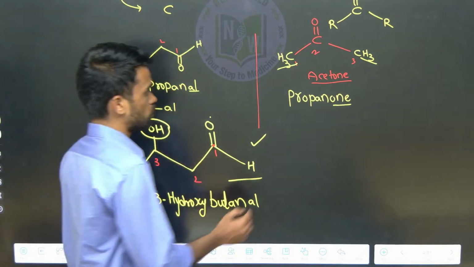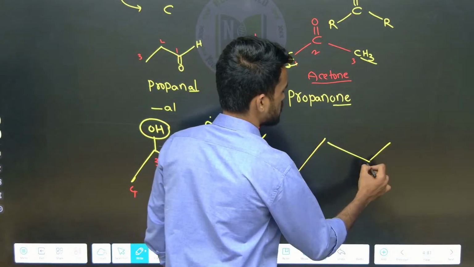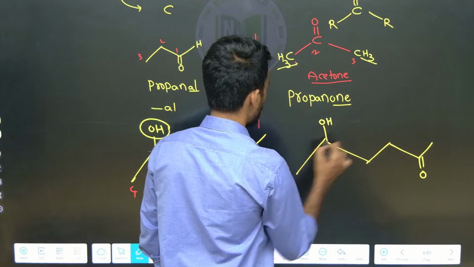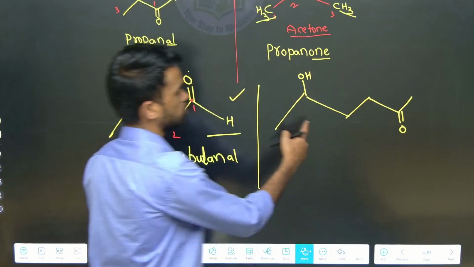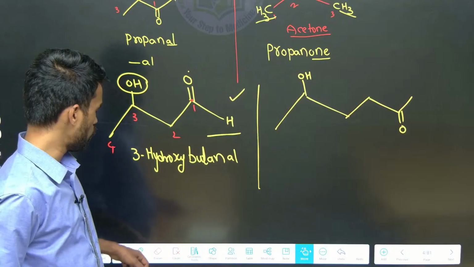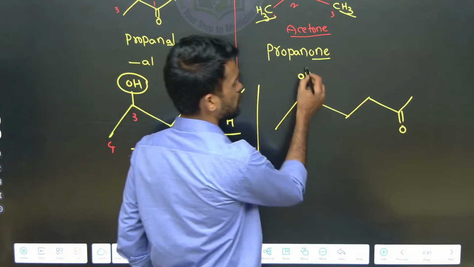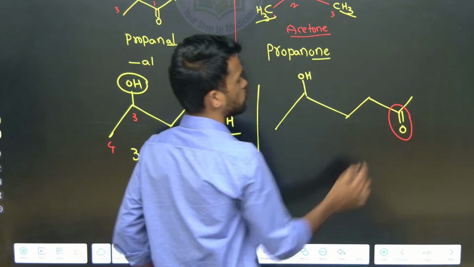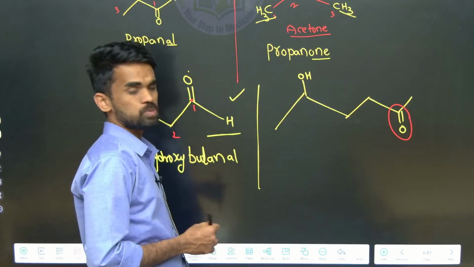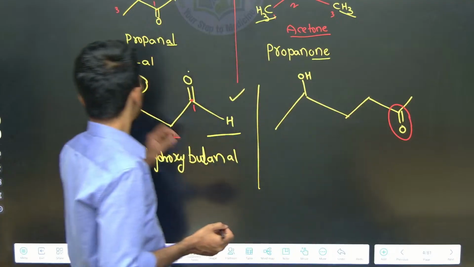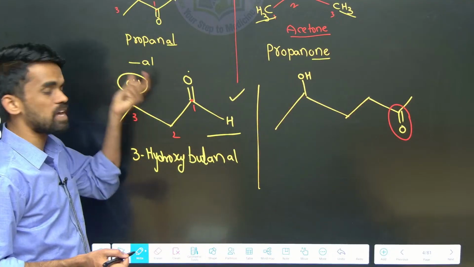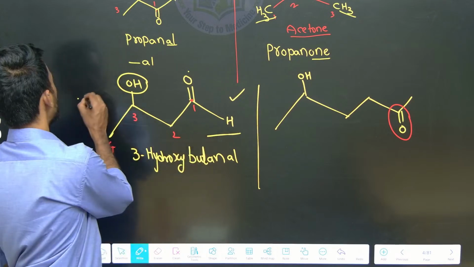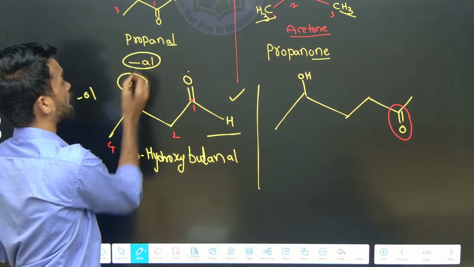Okay, right. Now if the same thing is there, so tell me, how can you write the name of this compound? How do you number this again? Here we have a hydroxy group, and here it is a ketone. So which is the priority? Again, ketones have priority over hydroxy groups, alcohols. If you are writing alcohol as a suffix, it should be ol; for aldehydes it is al.